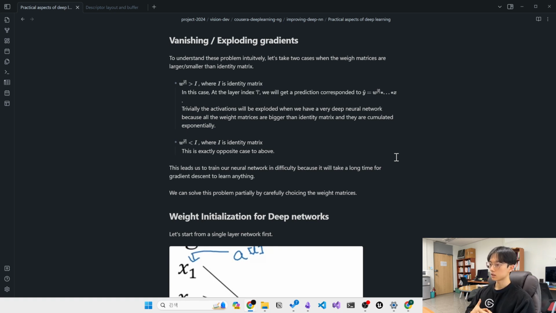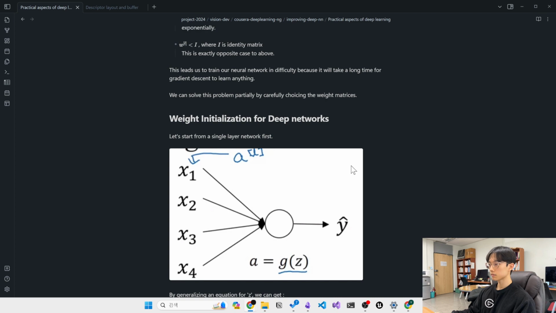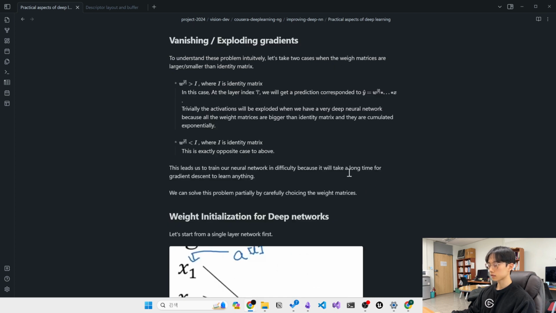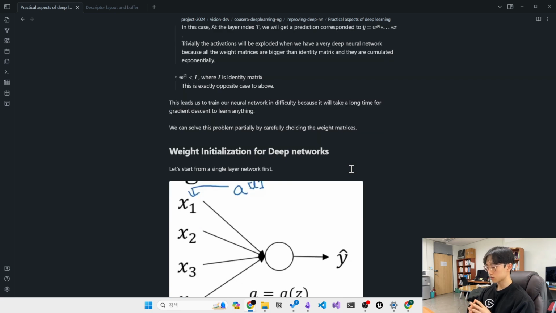With the intuition, if the weight matrices have larger component values than the identity matrix, it can vanish or it can explode. Because in general we have a big deep neural network which has a number of layers corresponding to 150 or more.